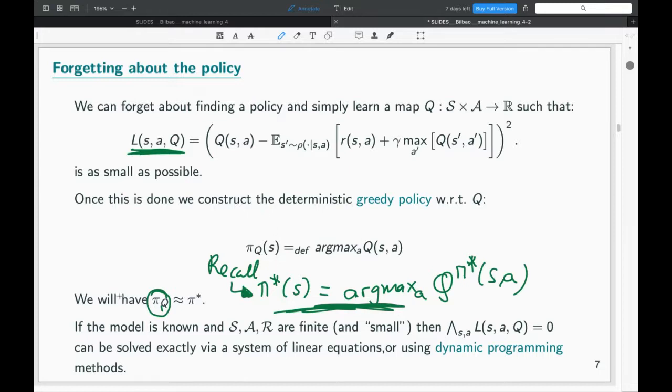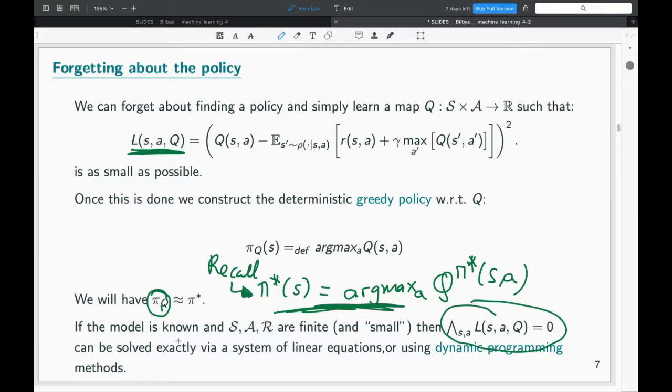Okay, so if the model is known and the Markov decision process is finite and small, then these equations can be solved just by solving a system of linear equations, or if you don't have enough computing resources, you can use other methods such as dynamic programming.